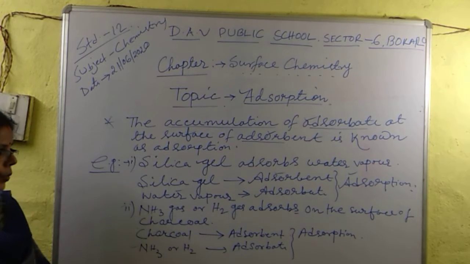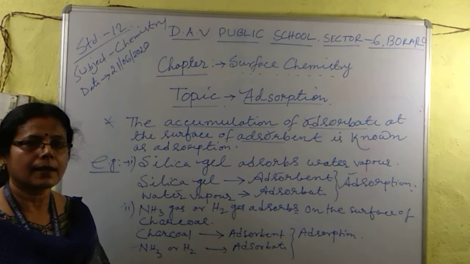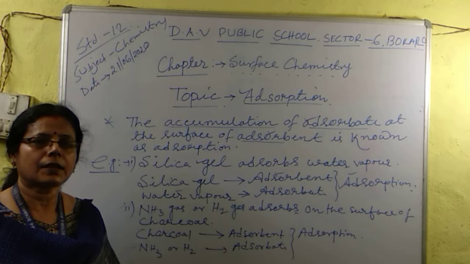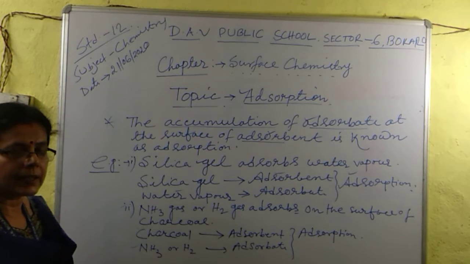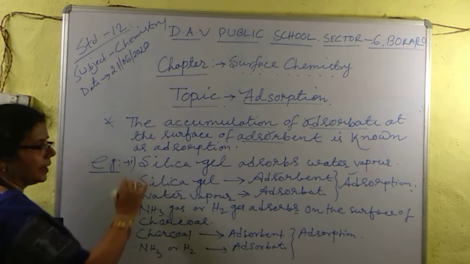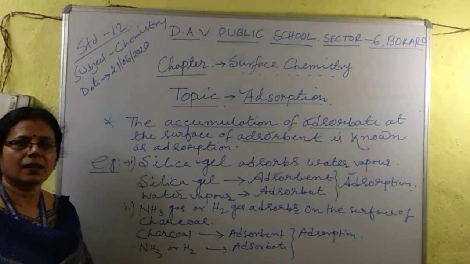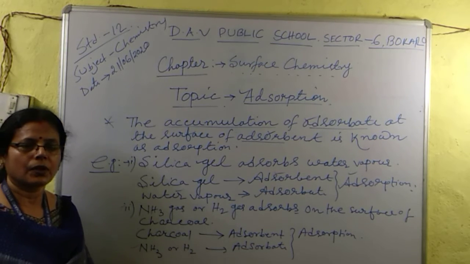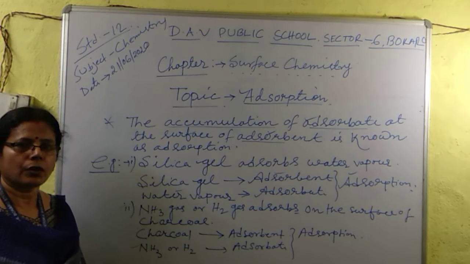Okay. So the first topic of this chapter is adsorption, and in the topic of adsorption, these are the subtopics. First is the definition. Second is the example, and in the example we explain the two terms: one is the adsorbate, another is the adsorbent.